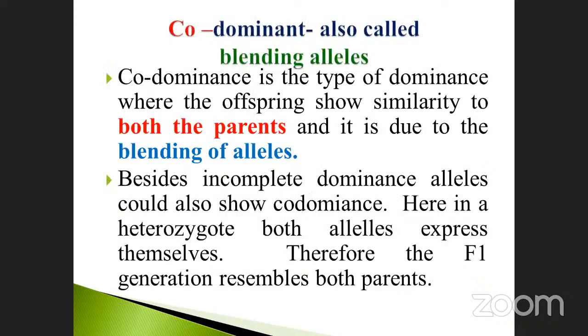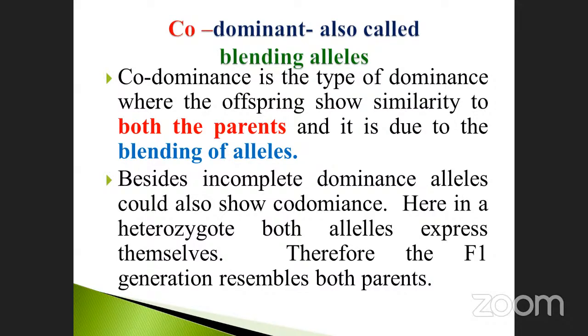And next we'll pass on to a very important one, called codominance, also called blending alleles. Sometimes they may ask the question directly. What is meant by codominance, my dear students? Ajay?